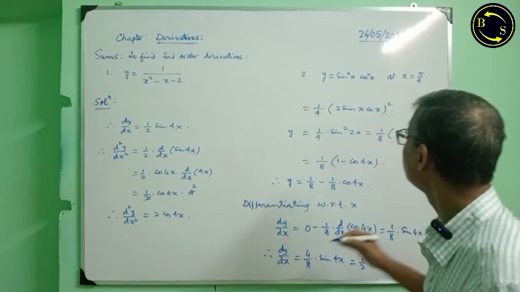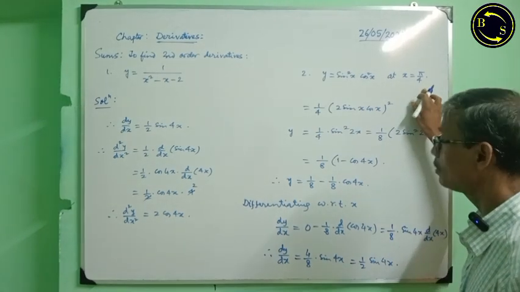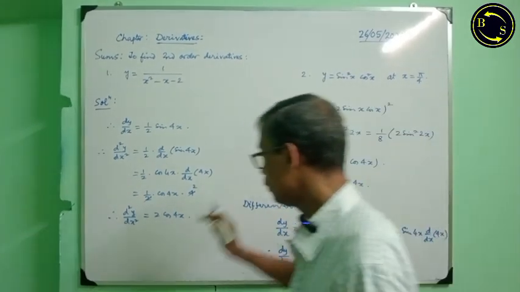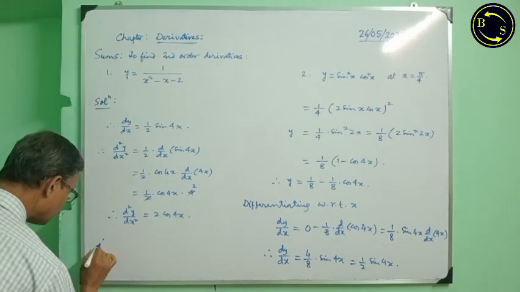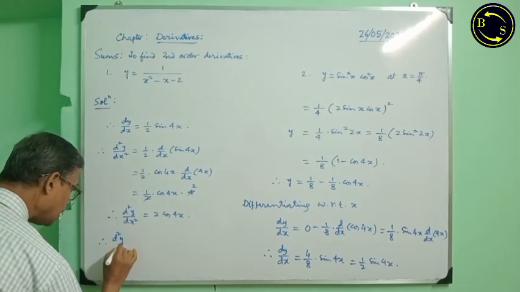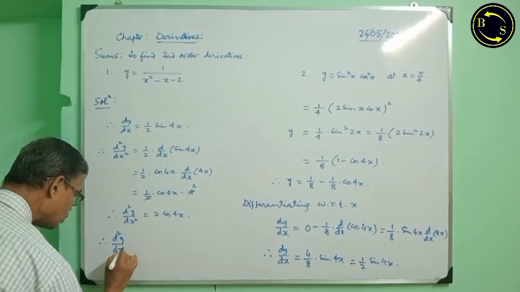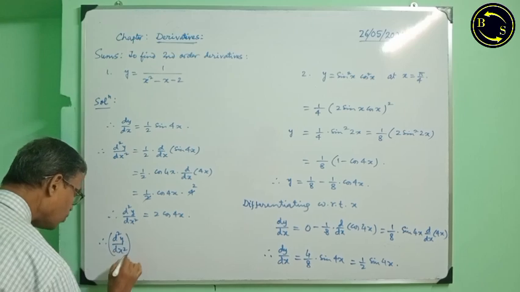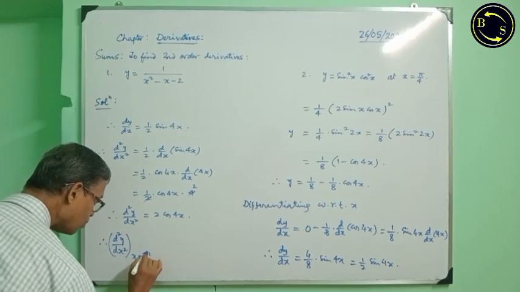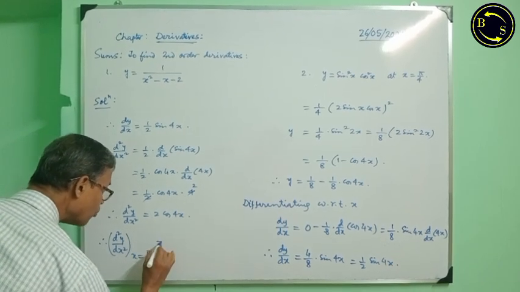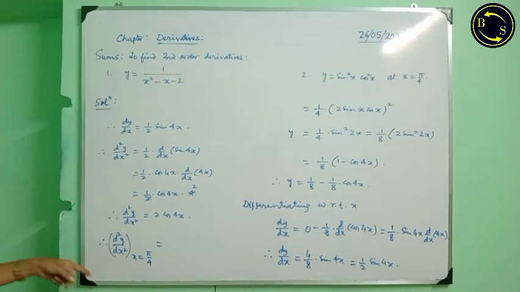Now we have to find the second order derivative at the point x equal to pi/4. Therefore, d2y/dx2 at a certain point is represented by this symbol.